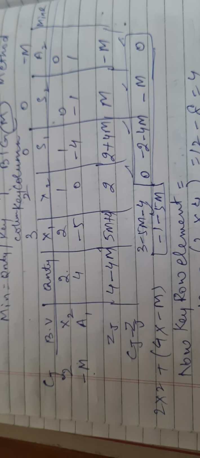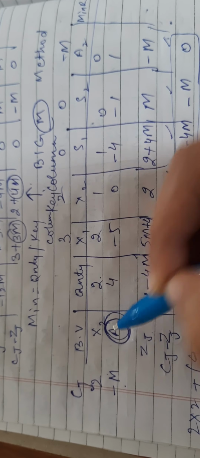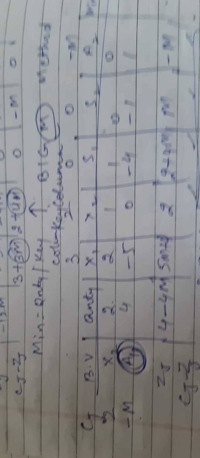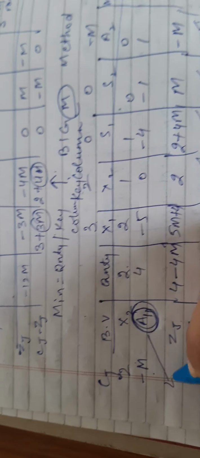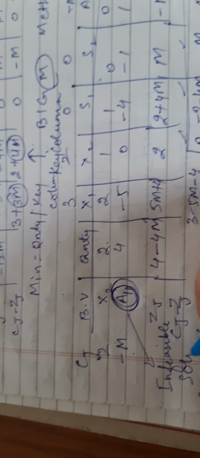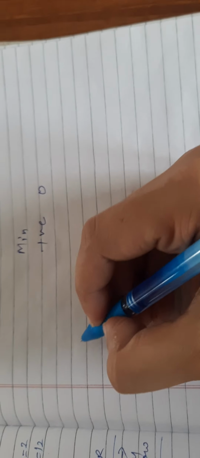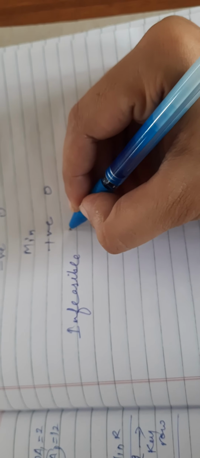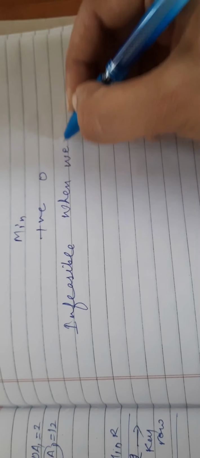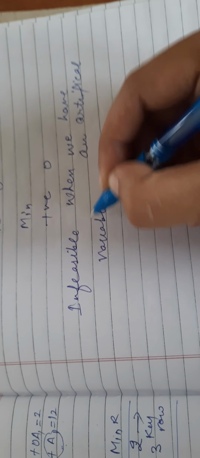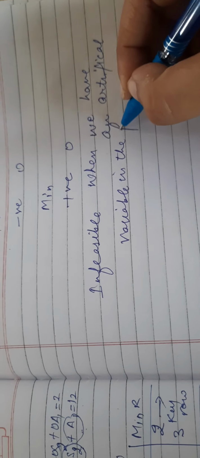But why is it called an infeasible solution? Because the artificial variable is still persisting. Our answer has come, but the artificial variable is still part of the solution, which should not be the case. So in that case it is called an infeasible solution. A solution is called infeasible when we have an artificial variable in the final simplex table.